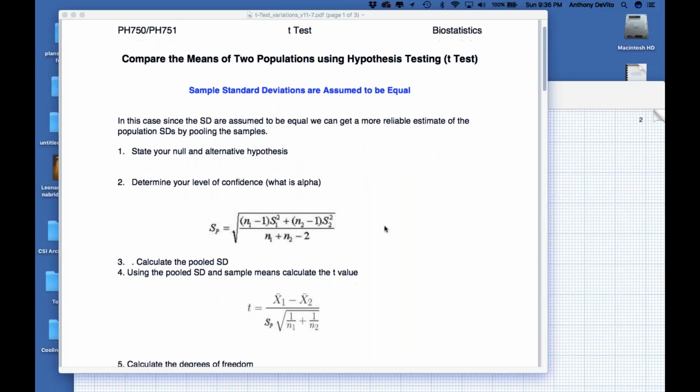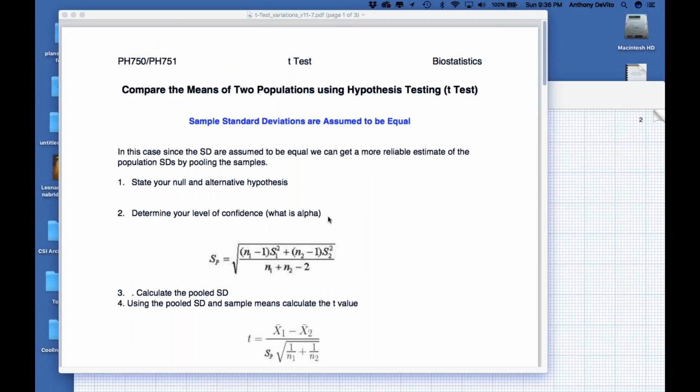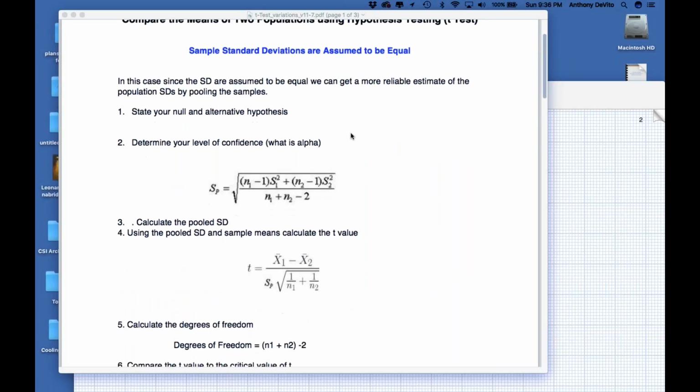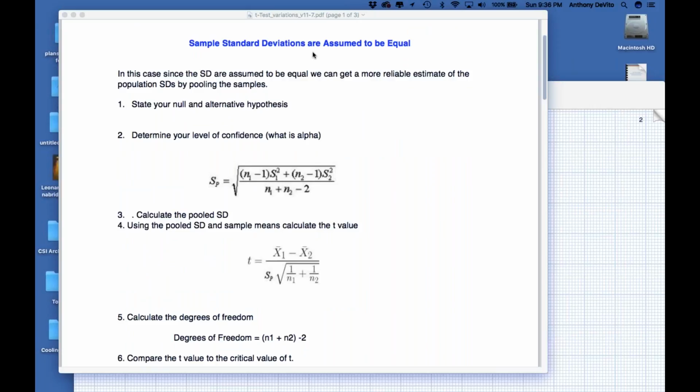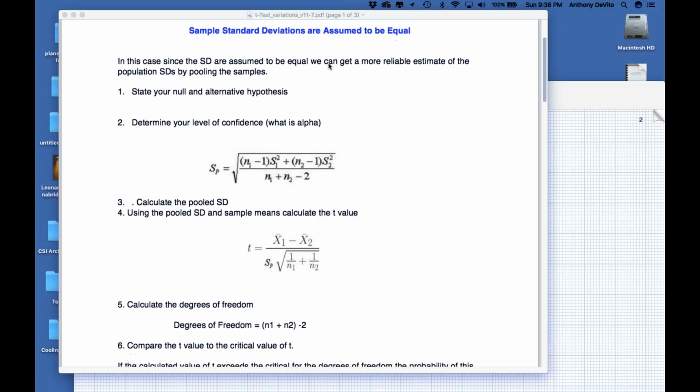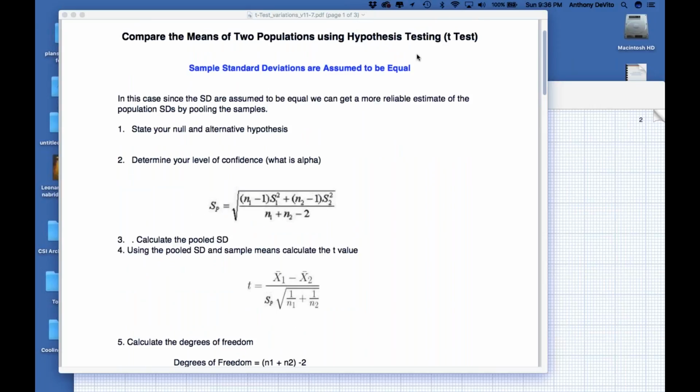In the first one, we sample the two populations, we calculate X bar for one, X bar for the other, standard deviation for one, standard deviation for the other, and we find that the sample standard deviations are similar, they're close together. And we say to ourselves, well, maybe there's reason for me to assume that even though the means of the two groups may be different, the variability within the two groups is the same.